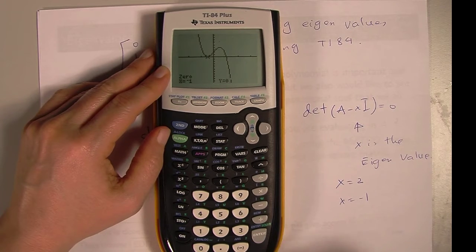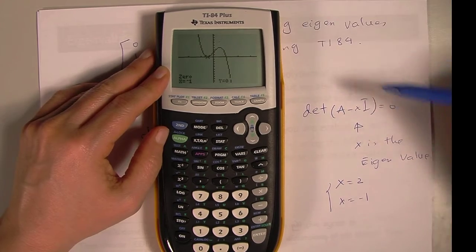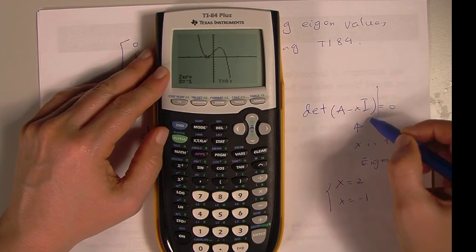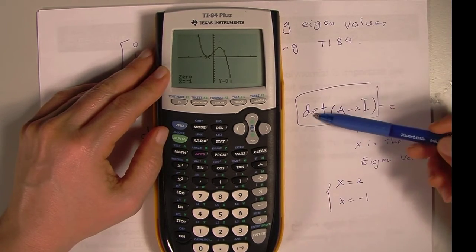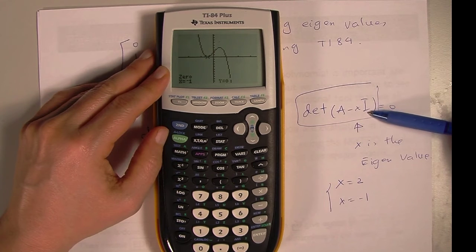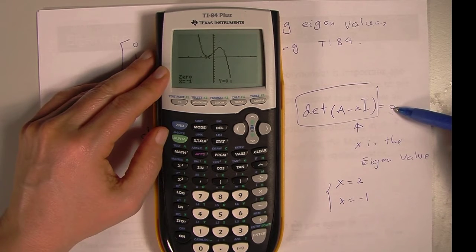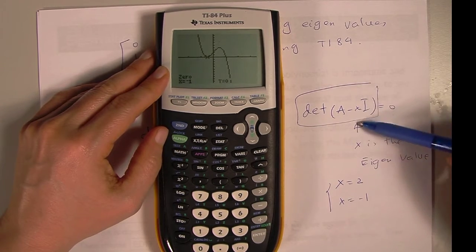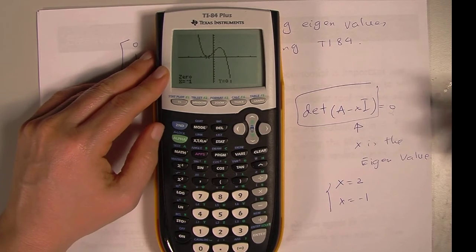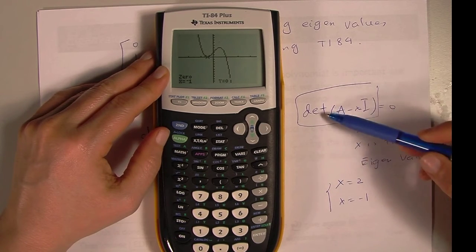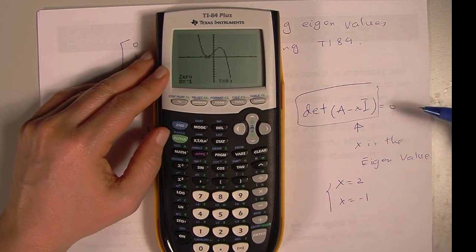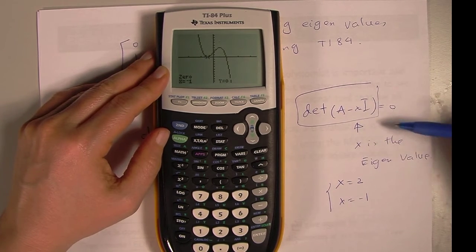Now, why are we interested in where the graph of the function, the determinant of A minus x times identity, crosses zero? If you notice, this is how we find eigenvalues. We set the determinant of A minus lambda I equal to 0, and we find what lambda makes that happen.